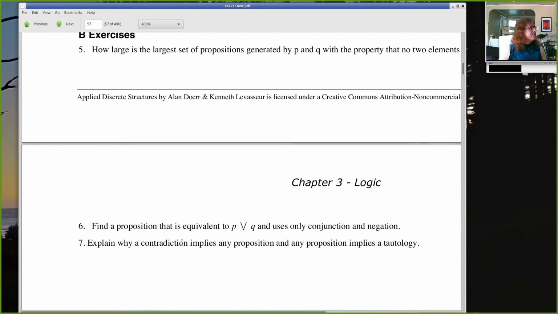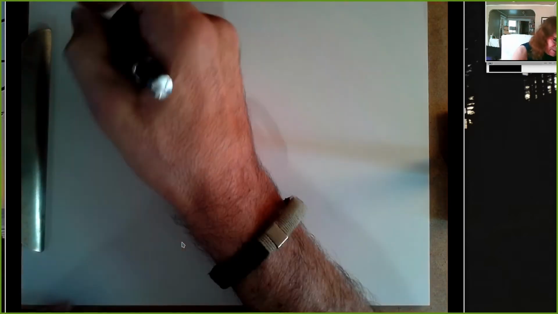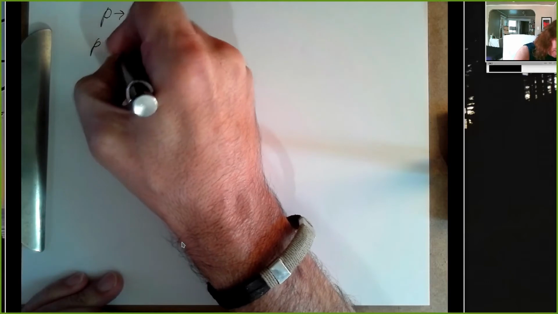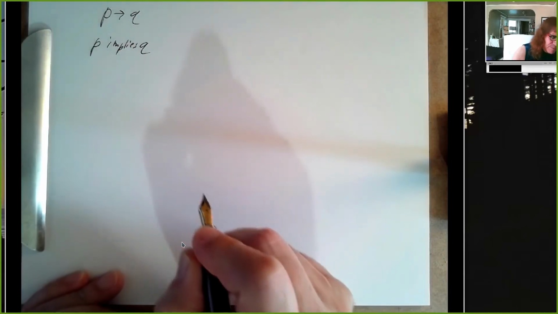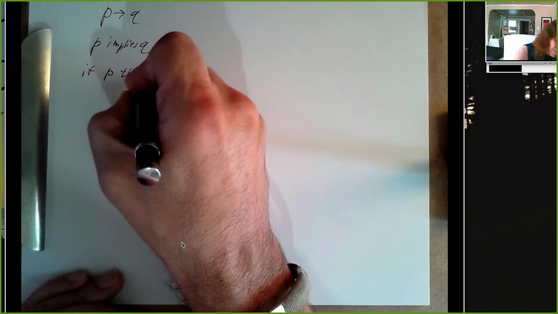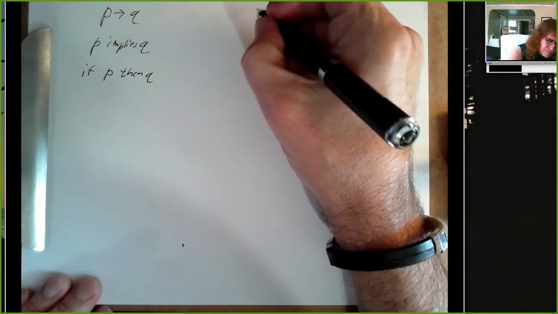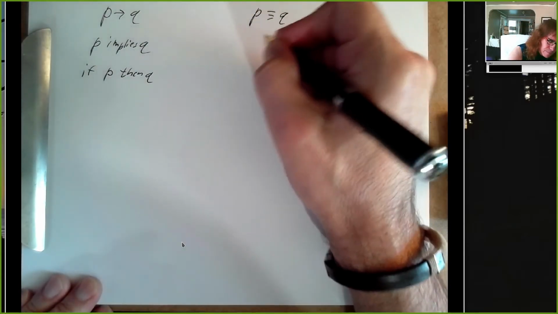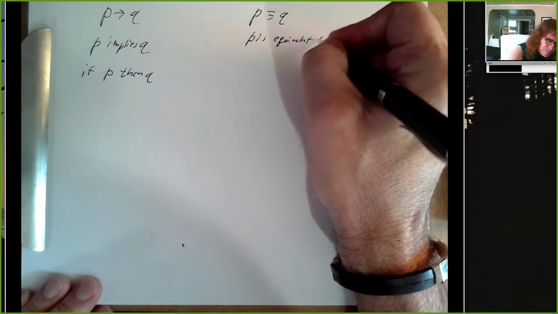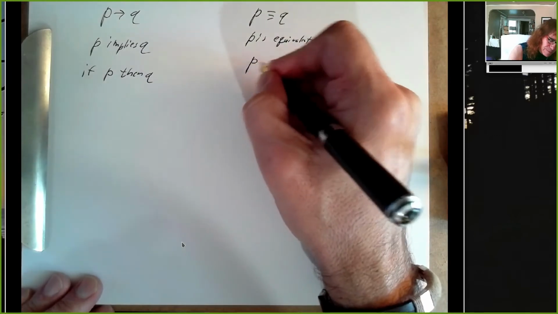Alright, so question, is implication a fancy word for equivalence? No, it's actually not. Implication is something like this. P implies Q, which is the same thing as saying if P, then Q. Okay, equivalence, P is equivalent to Q. That's a biconditional.